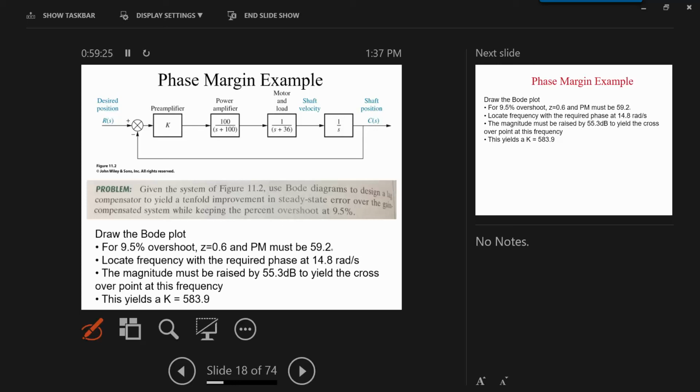We first check the overshoot. Overshoot corresponds, we go to the overshoot zeta relationship, we find zeta. Zeta is 59.2, sorry, 0.6. Zeta 0.6, phase margin equals 60, right? Because phase margin equals 100 times zeta. 100 times zeta, 60.